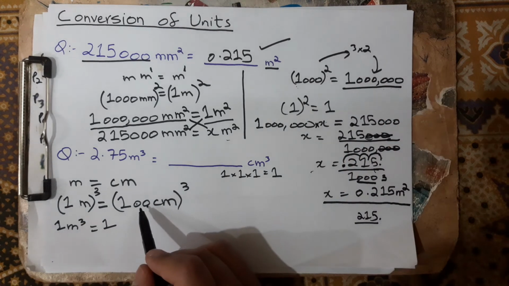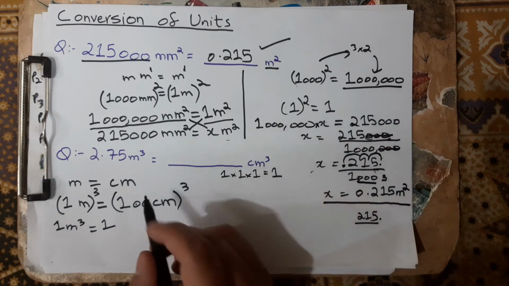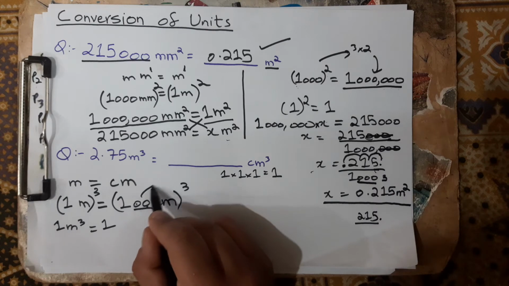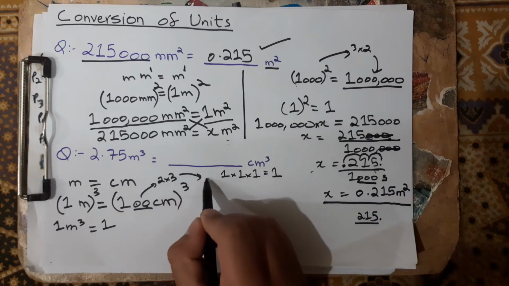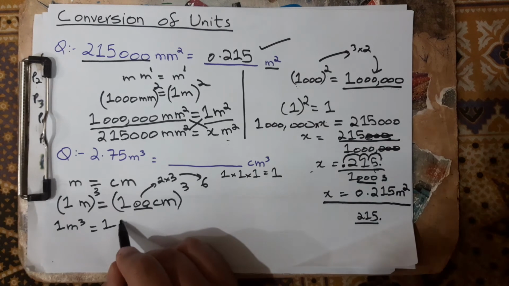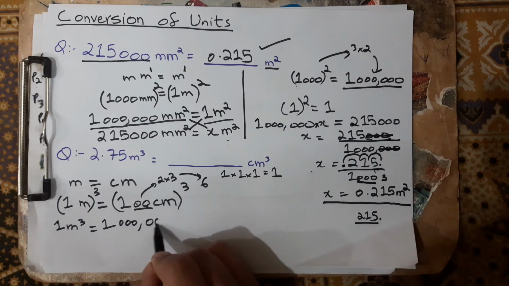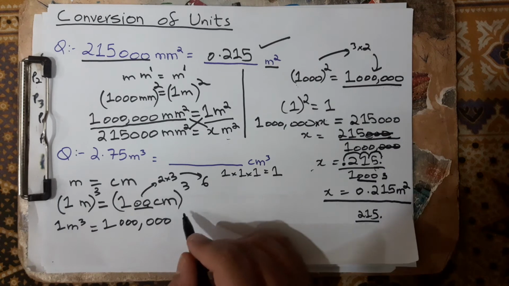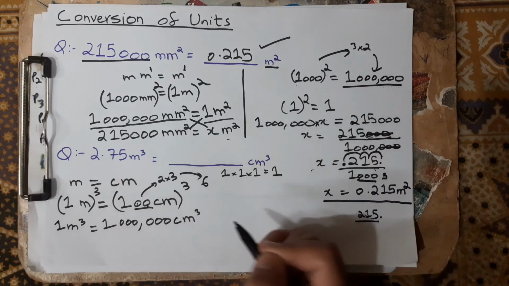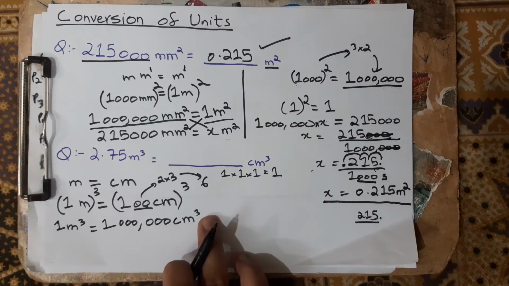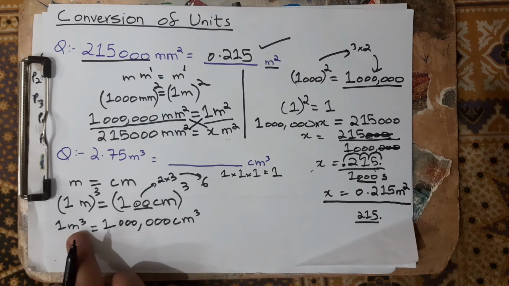But here we have to triple them up, which means that if there are two zeros, we will multiply them with 3 and they will become 6. So we will get 1 million, or 10 lakh, centimeter cube value. Again, don't forget to mention the cube value with this unit.